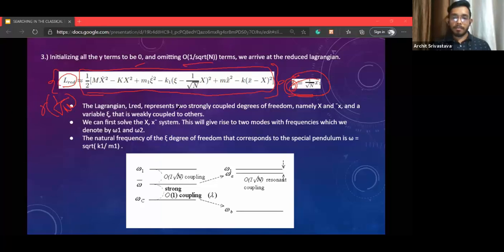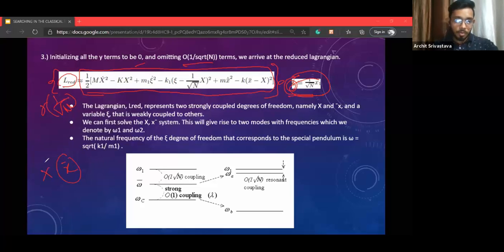What is happening right now over here is that we have two degrees of freedom which are strongly coupled to each other, namely x and x dash.